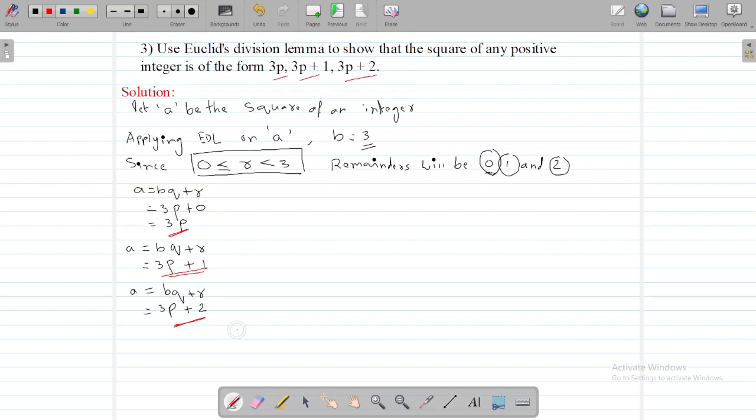But here he is telling that the number is a square of any positive integer. So for that we will see, let a be a positive even integer.